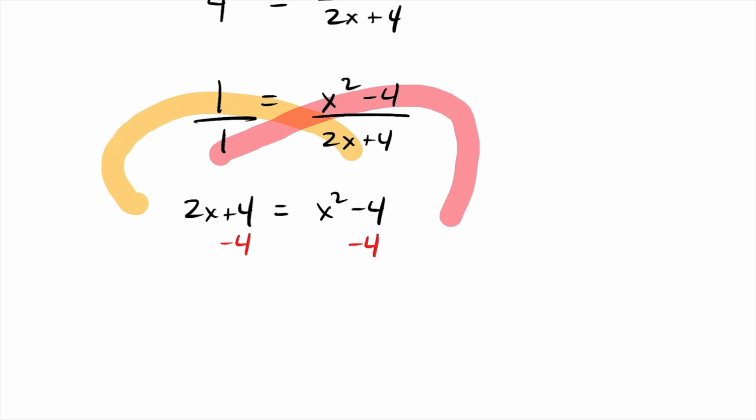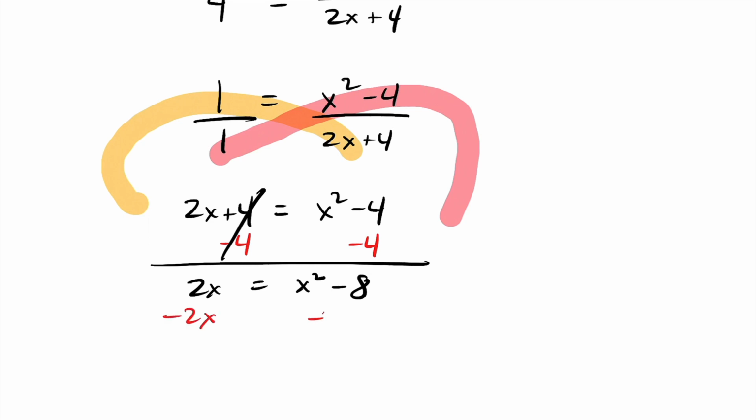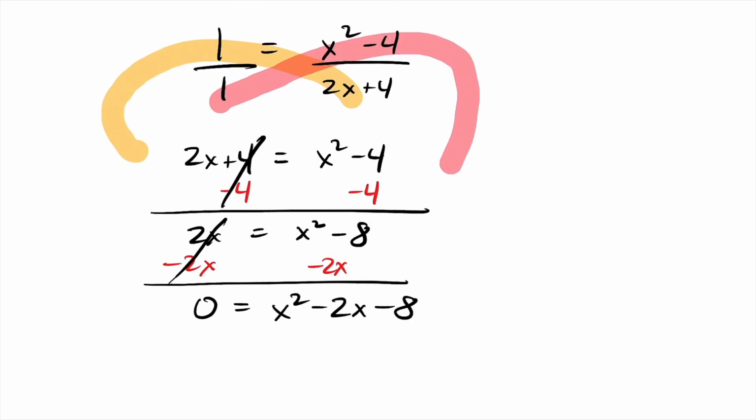Let's see, so subtract 4 from both sides. I get x squared minus 8, right? And then I got to take away 2x. 0 equals x squared minus 2x, that goes in the middle, minus 8.